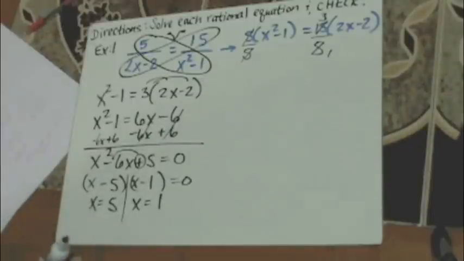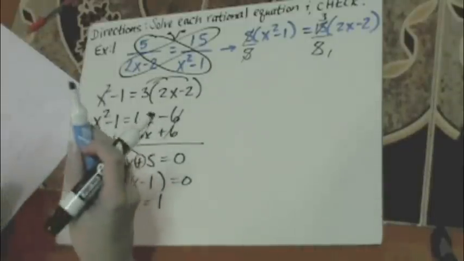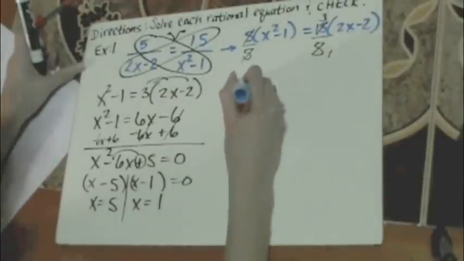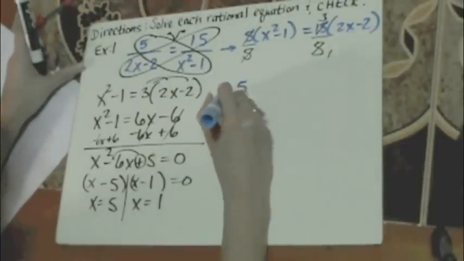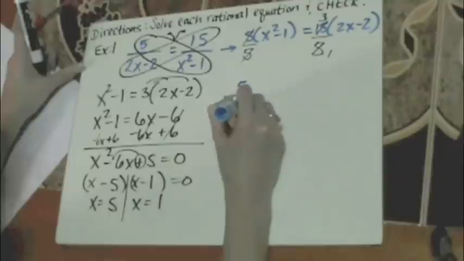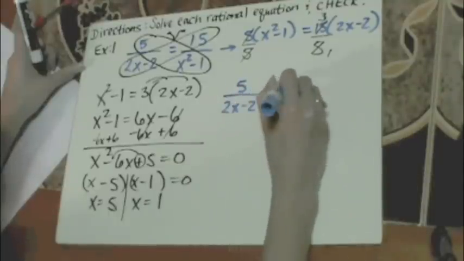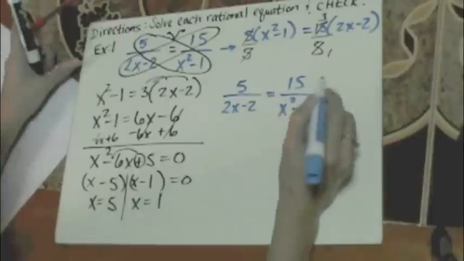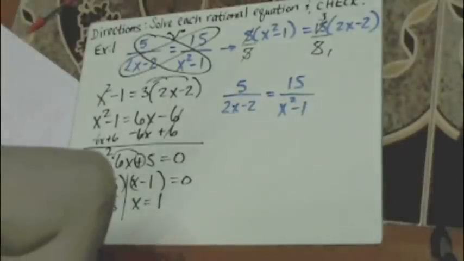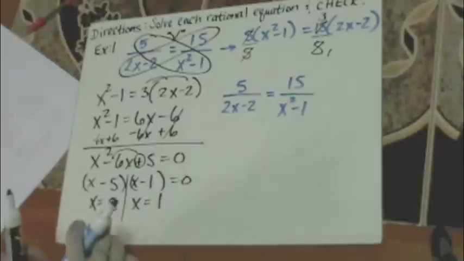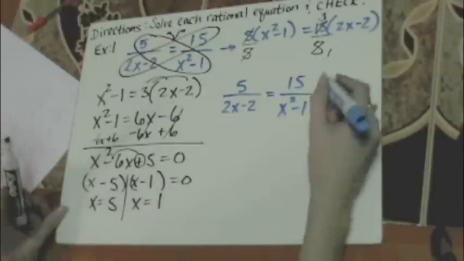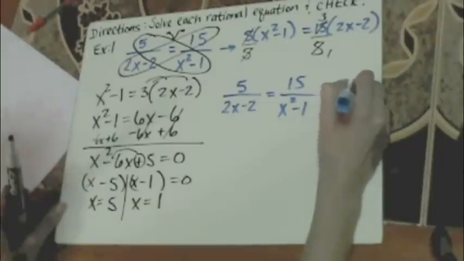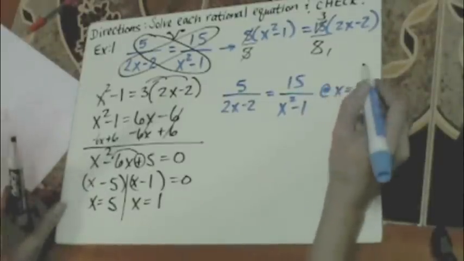Okay, now I need to check this. So I go back to my original, which I will write in blue up here. So I got 5 over 2x minus 2 is equal to 15 over x squared minus 1. Okay, so I'm going to check at x equal to 1.